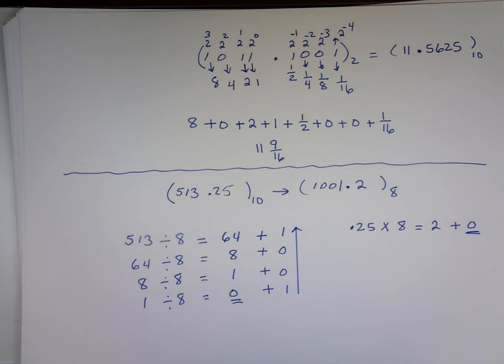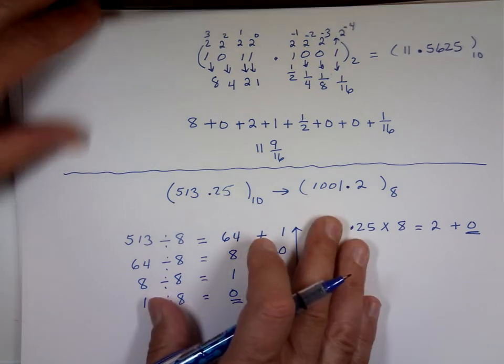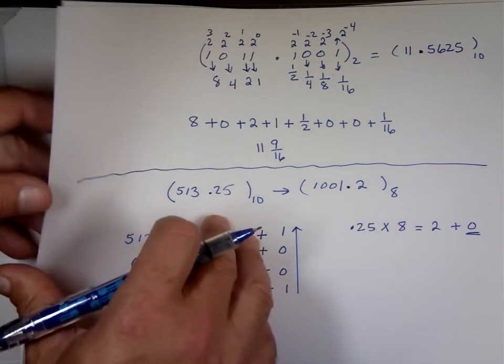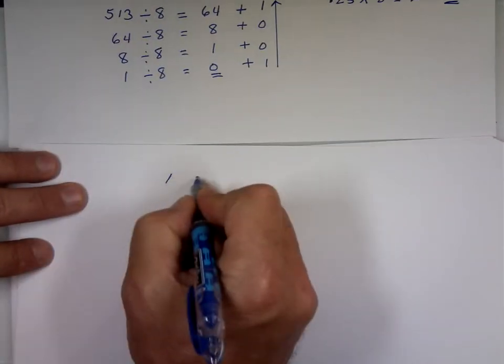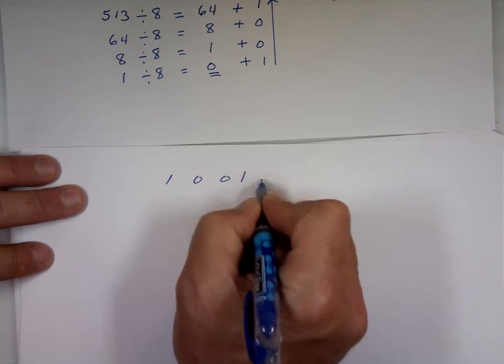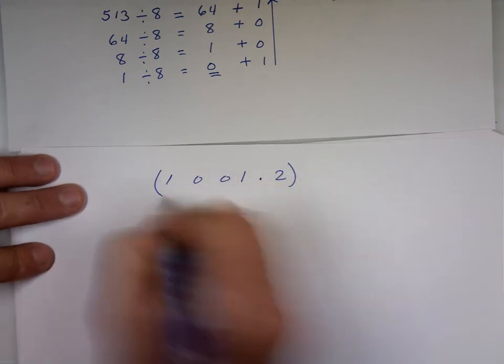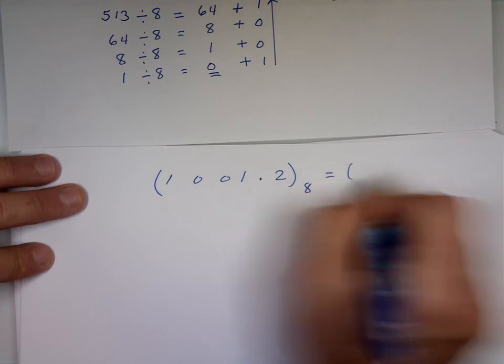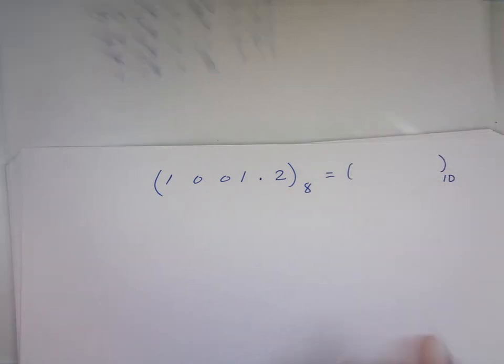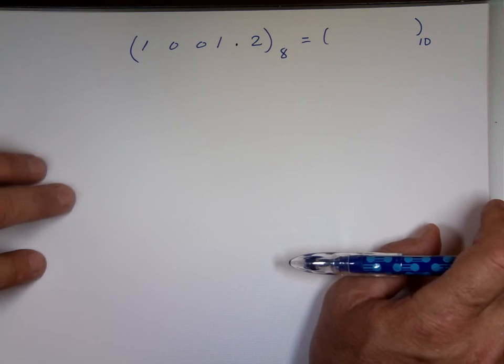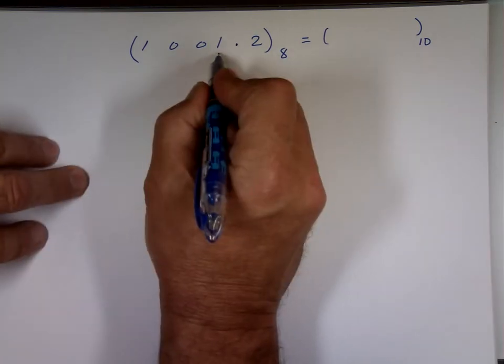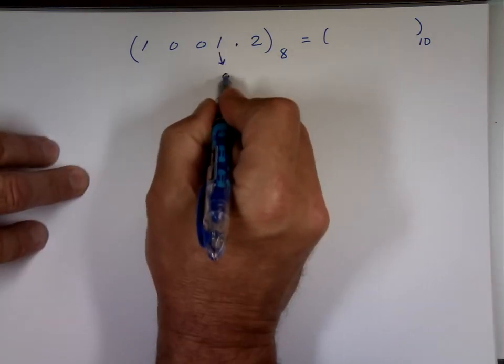Now, if I want to know if I did it right, again, from 8 to 10, the weight of this location, this is 8 to the power of 0, which is what? 1.